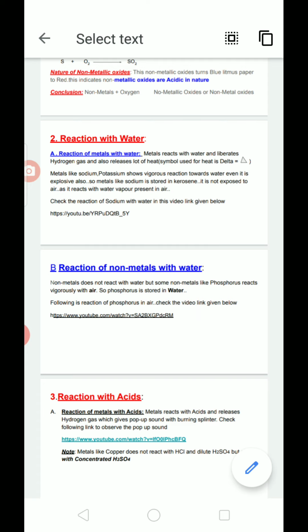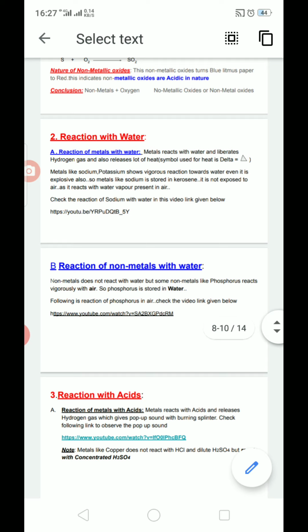See, metals like sodium, potassium, they are very vigorous towards water. You know how vigorous they are? When a sodium metal is exposed to air, generally air contains a little amount of water vapor. If that water vapor touches that sodium metal, the sodium metal blasts.